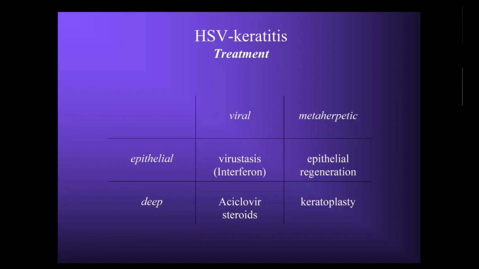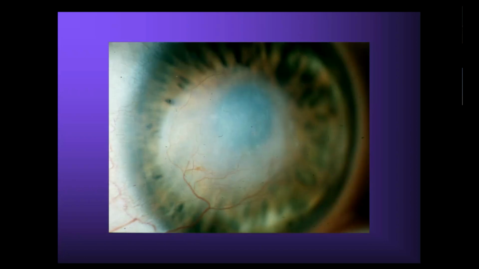And if it is deep and metaherpetic, we have a scar and we mostly perform keratoplasty. That is the case here. As you can see, we have some old precipitates, but we have a scar and you will only have some advantages forthcoming for the patient if you perform keratoplasty.